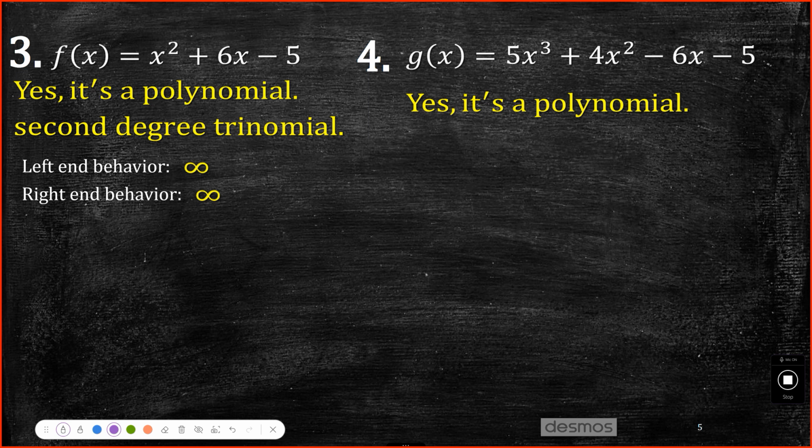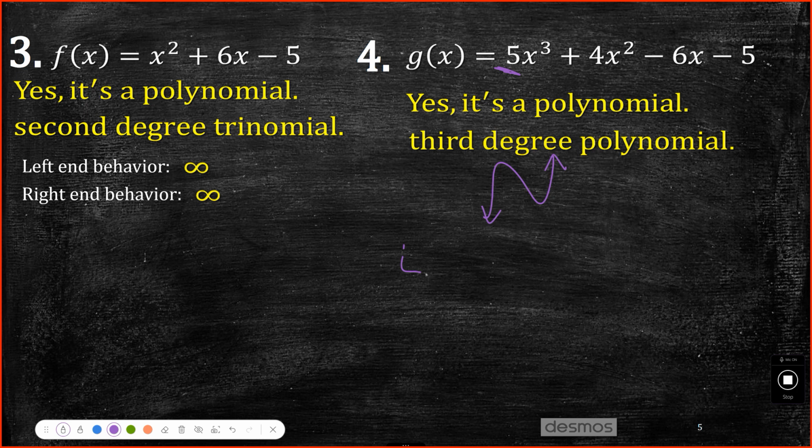Third degree polynomial, because we got 4 terms. I just call it a polynomial. So it's a third degree polynomial. And third degrees look like a sideways S. As long as this is positive, it's going to look something like this, and that helps me do left-hand behavior. What is the left-hand behavior? Negative infinity. Right-hand behavior? Positive infinity. You can put a plus in front of the infinity, but you don't have to, because if it doesn't have a plus, it's automatically assumed positive.